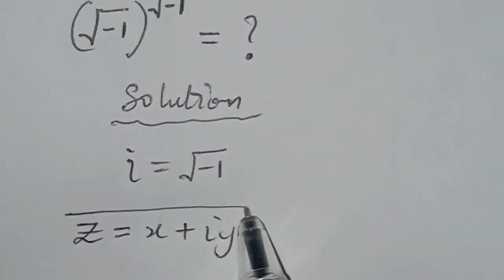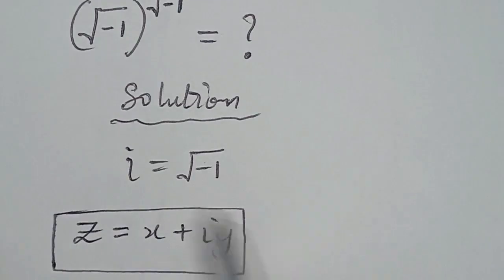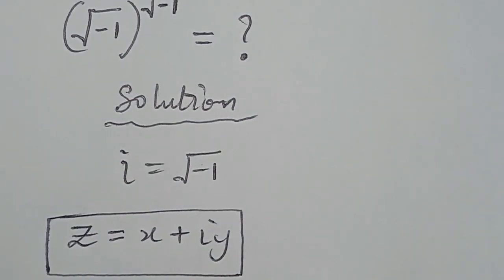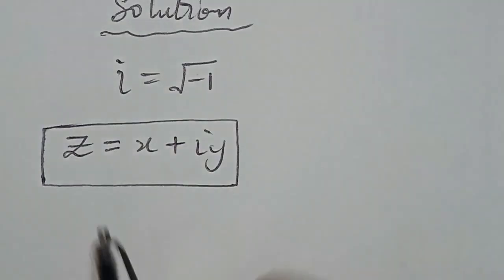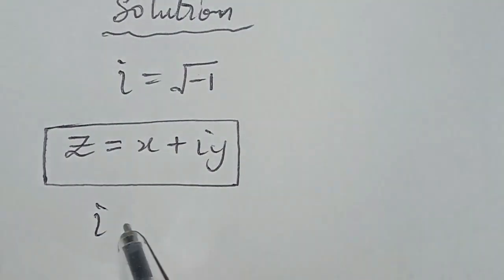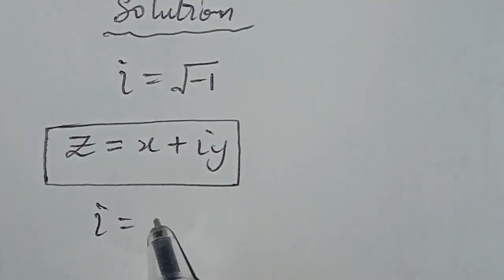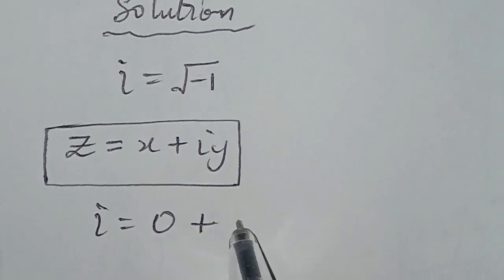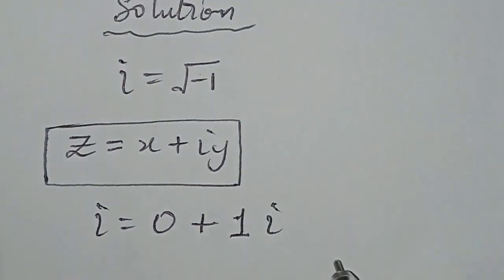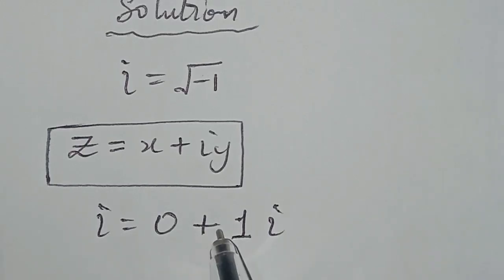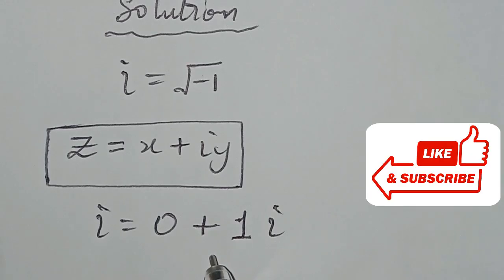So this is the general form of writing a complex number. Now, if we consider this, we have that i here can be written as 0 plus 1 multiplied by i. So this over here can give us y back.